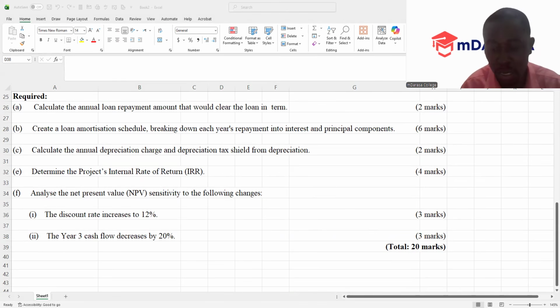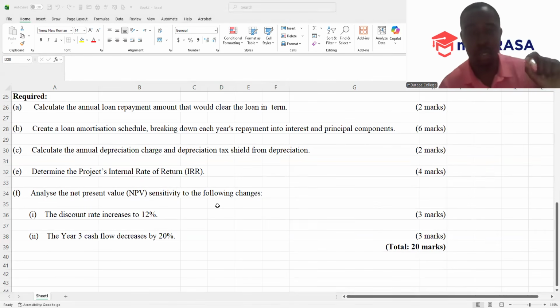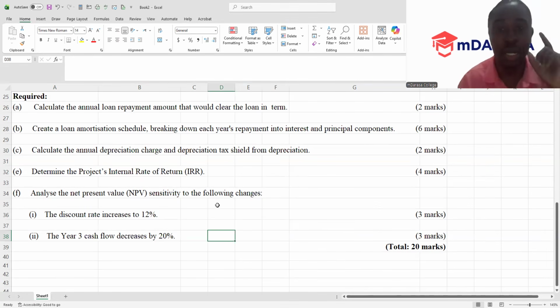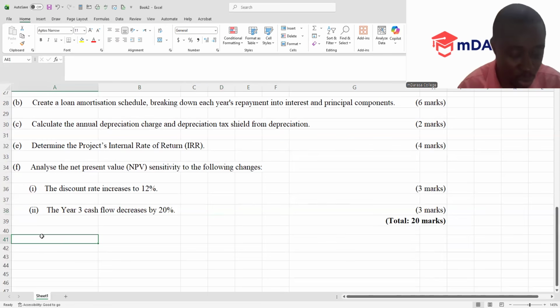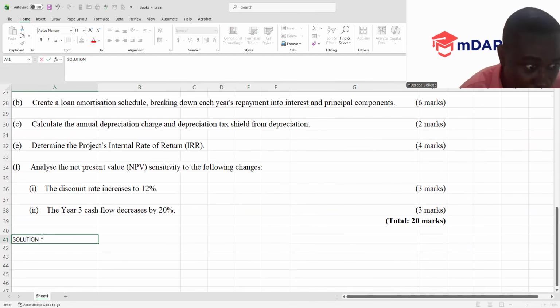Always make sure that in any question you work out, presentation is the first thing that will capture the attention of the person marking your paper. So in this case, the best way is to come below, and we do our solution.